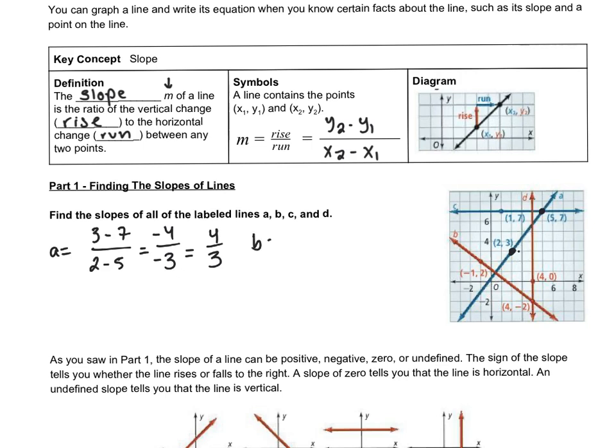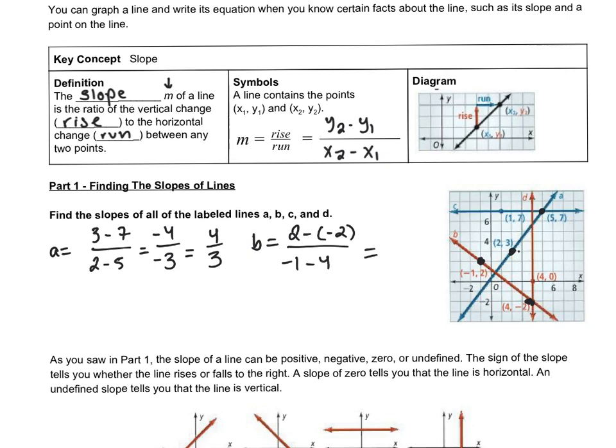And the slope of B. On B, we have (negative 1, 2) and (4, negative 2). And we'll call (4, negative 2) x1, y1, and (negative 1, 2) x2, y2. So we have 2 minus negative 2 over negative 1 minus 4.